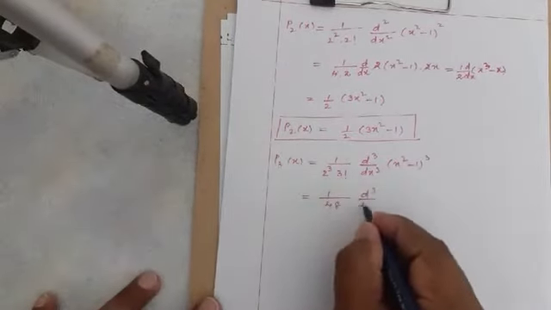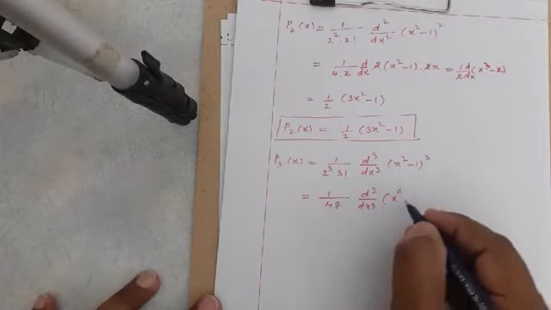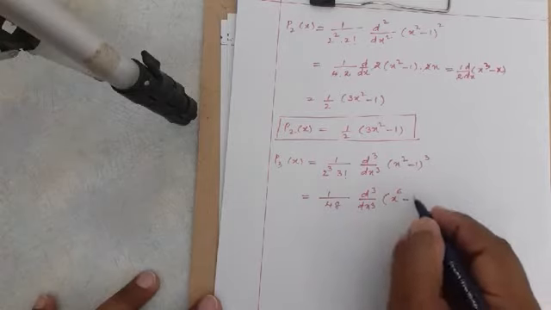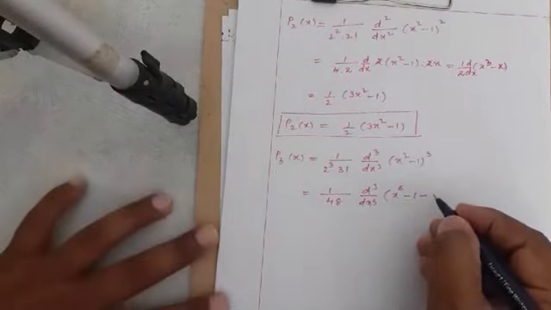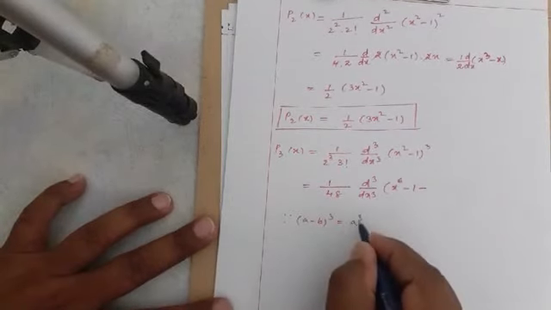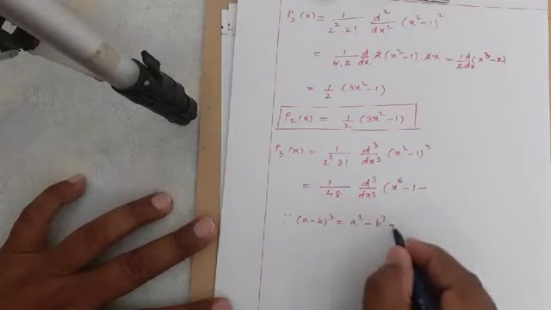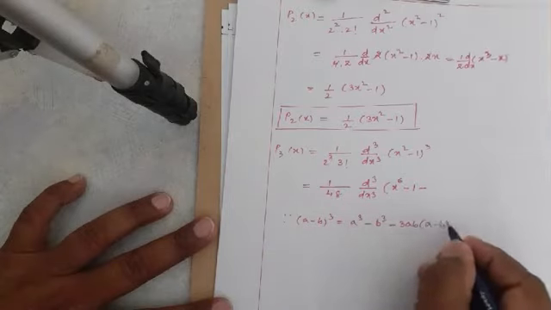Now (a minus b) whole cube is a cube minus b cube minus 3ab into (a minus b).